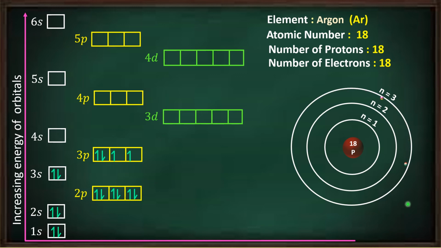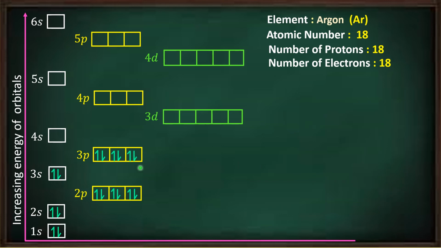Next, 17th electron pairs up with this electron. According to Hund's rule, pairing will take place once all the orbitals are singly occupied. Next, the last electron, that is the discriminating electron, 18th electron, pairs up with this electron in 3p. So totally 18 electrons have been filled in the various orbitals.